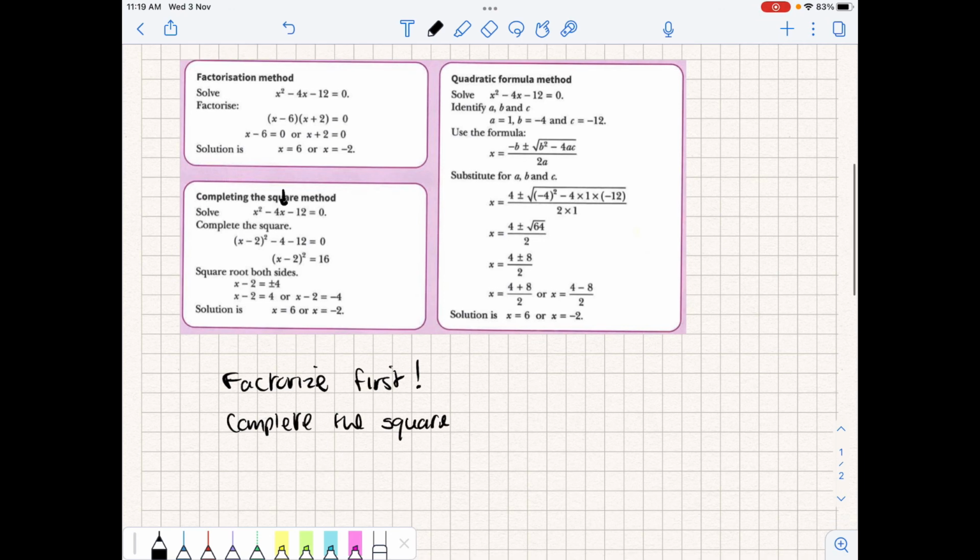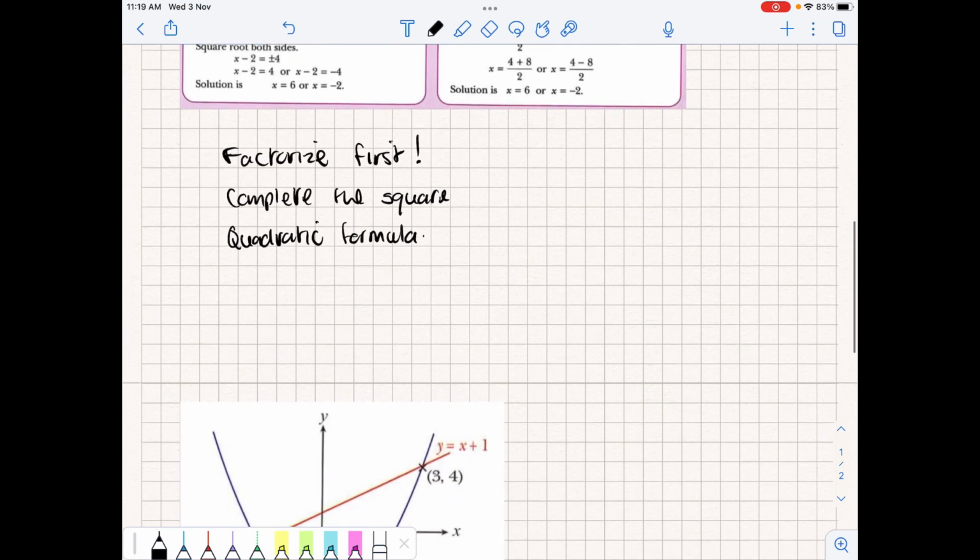And finally, if all else fails, use the quadratic formula, okay? And we should always use this method last because it is the most error-prone and the most time-consuming, right? So only use it if really desperate. Try to factorize first or complete the square. Completing the square is always good practice.